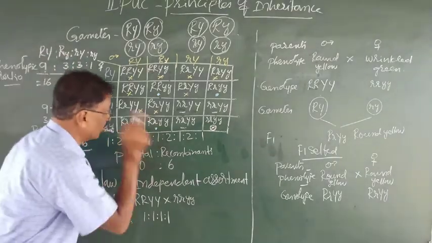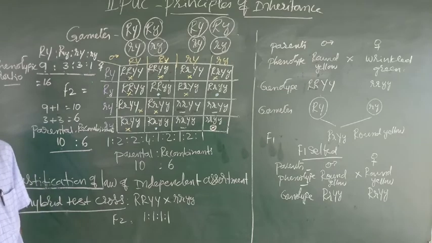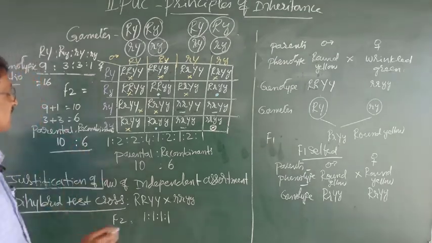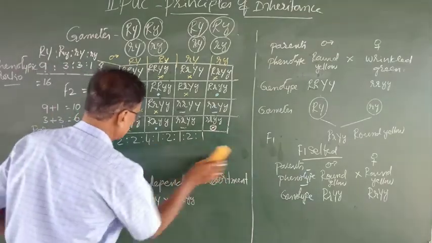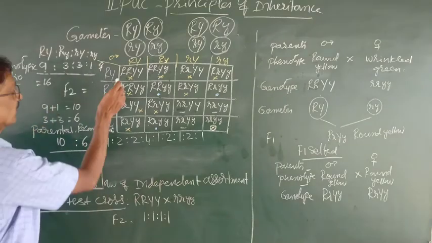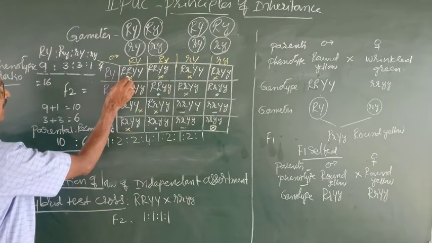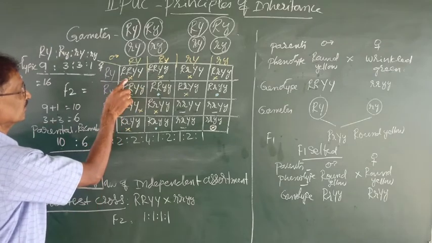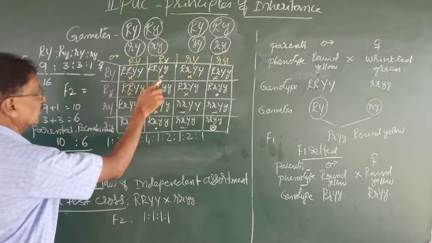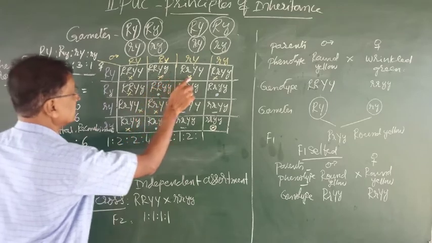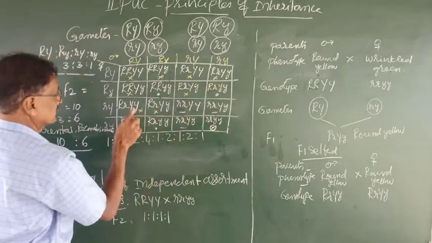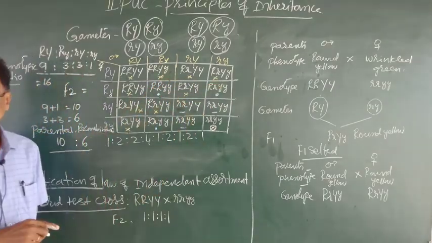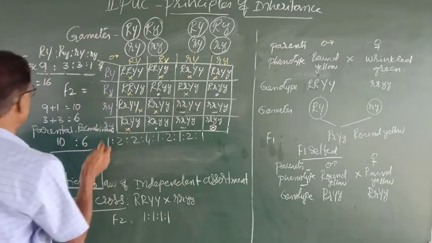Now we have to know what the genotypic ratio is. How is it written? For the genotypic ratio, you observe how many capital R and capital Y there are. Only one. You have to search only among these multiplication marks, not in any other way. So that is only 1.